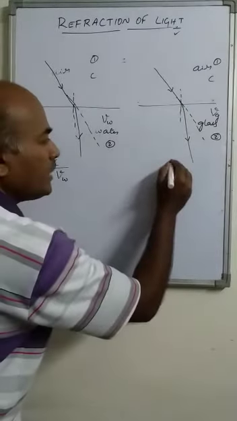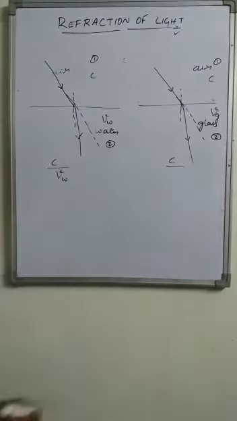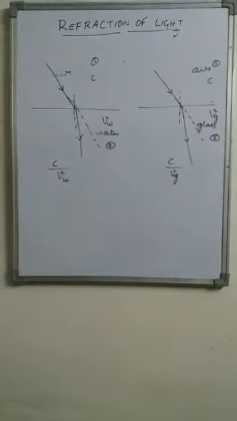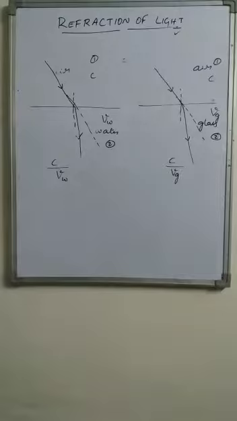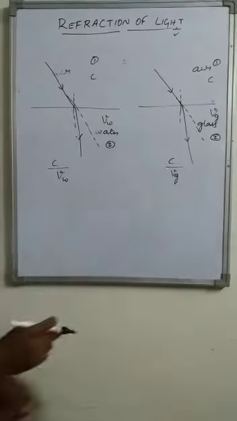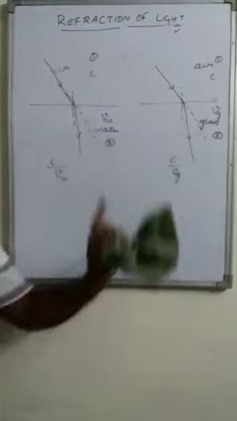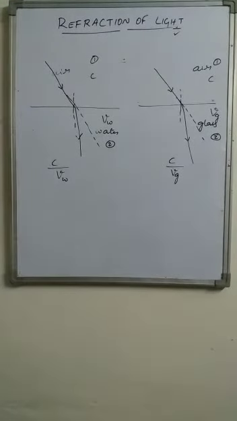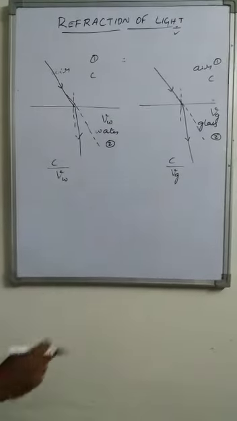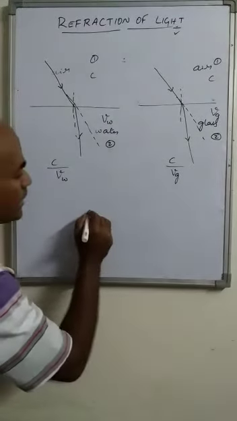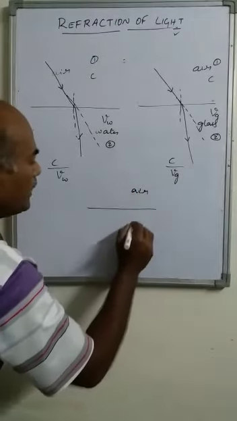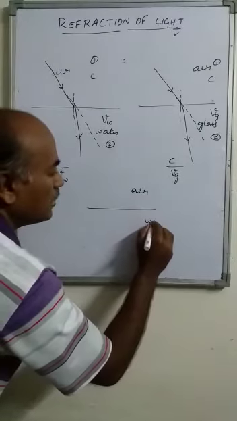And here if we take the ratio of velocity of light in vacuum to the velocity of light in glass, this ratio will also be different because the nature of the second medium is different. But if we take the third case, here this is air and this is water.